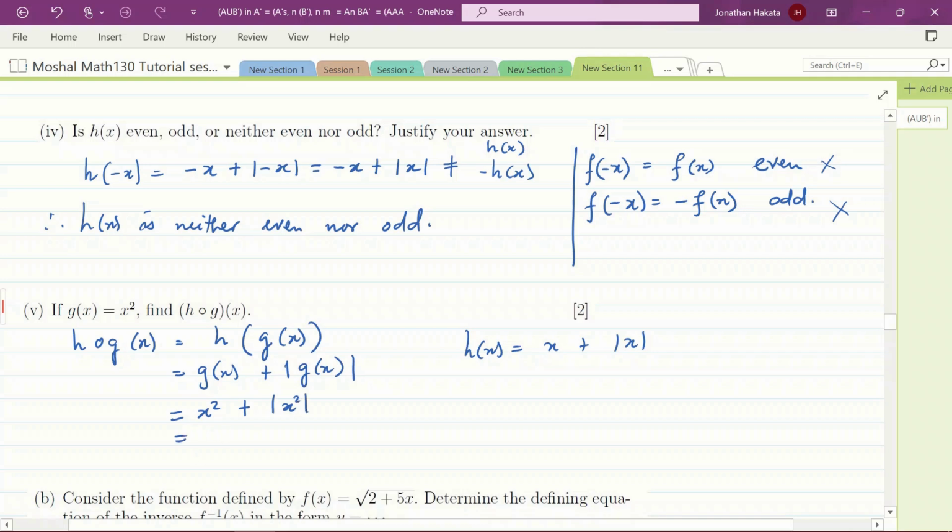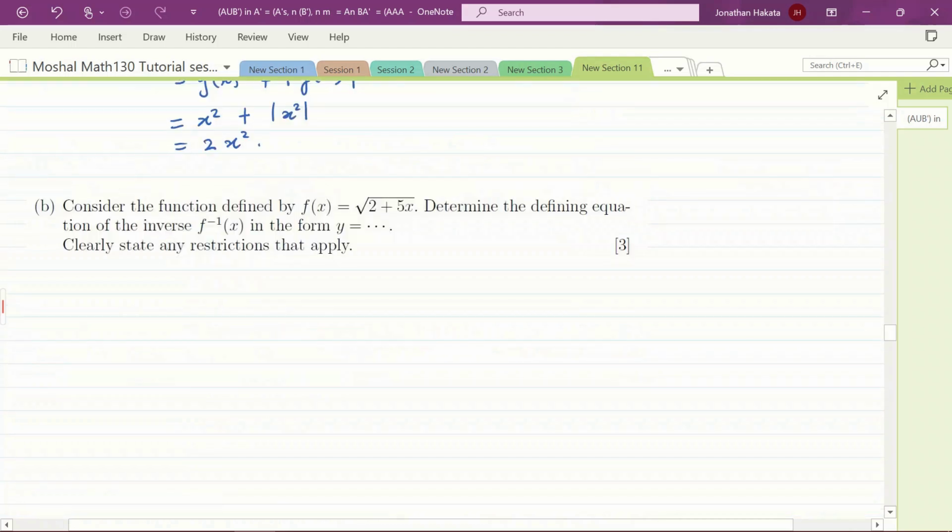Modulus of x squared is just x squared, so this will give us 2x squared. That was so easy. Let's move to the next.